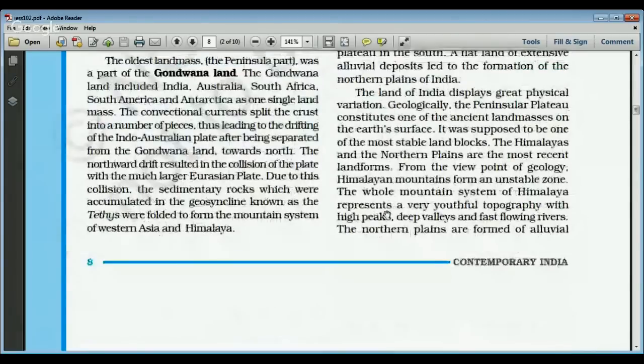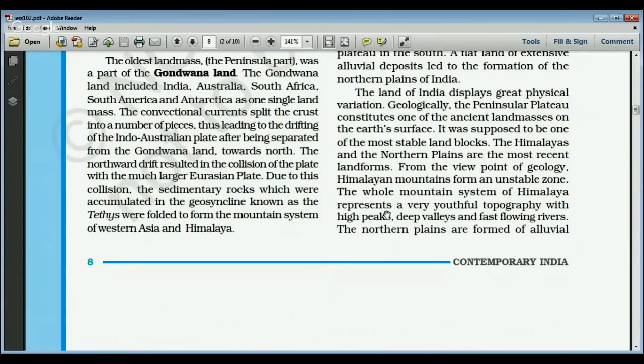So this is the process of the formation of the northern plain of India. And the land of India displays various types of physical variation. Like the peninsular plateau, which consists of one of the ancient landmasses on the earth's surface. We have already seen that it was part of Gondwanaland, and it was supposed to be one of the most stable land blocks.